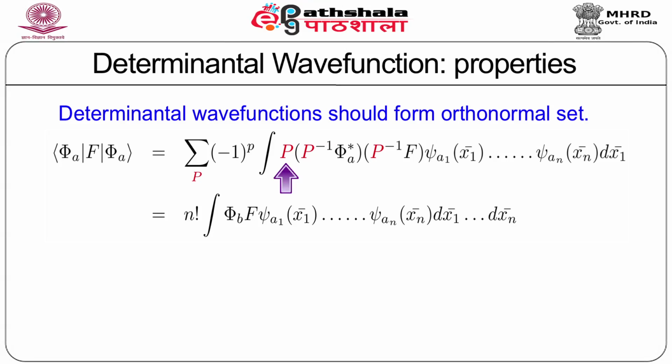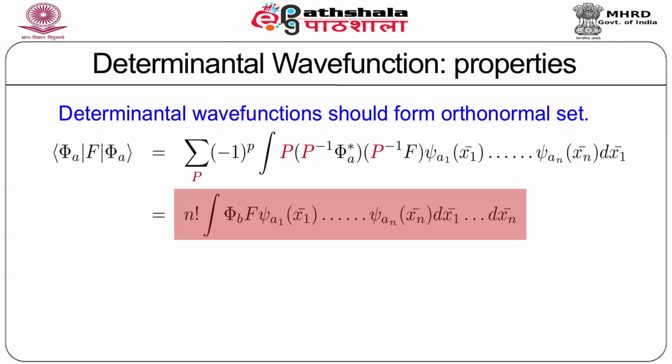In the permutation operator capital P, there are actually small p number of binary permutations. Whatever this capital P be, we have the same value of this integrand, since by renaming the variables, we get the same result. This gives me the second line of this equation, which is n factorial times this integral.